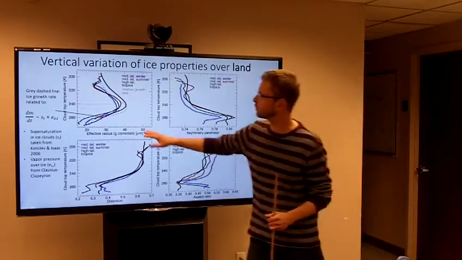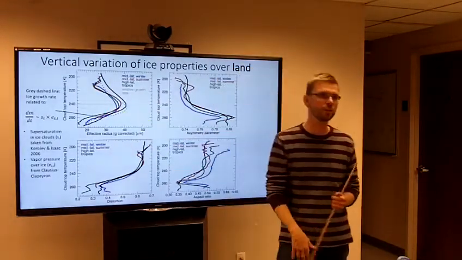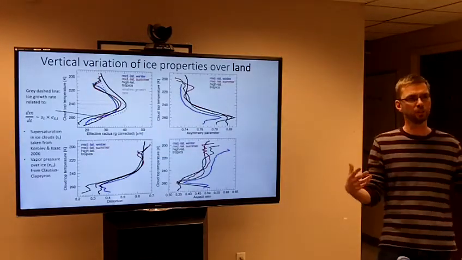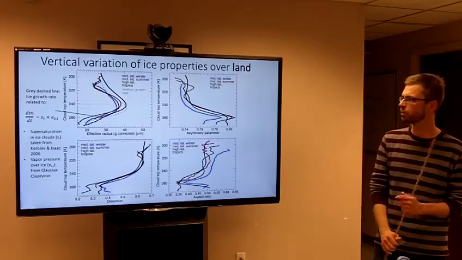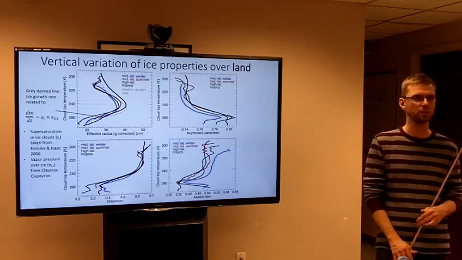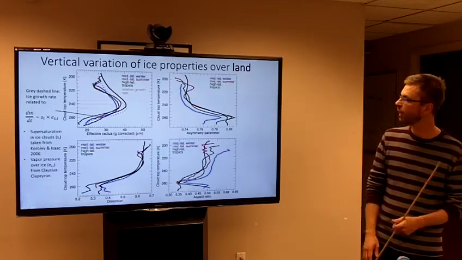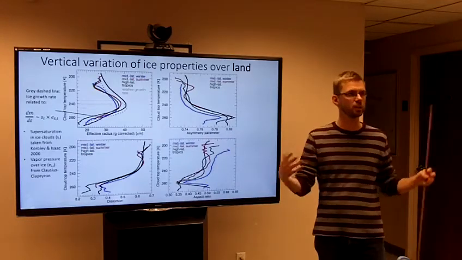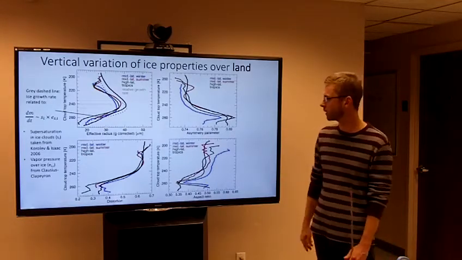So I think we can explain this variation in size just by the simple picture of supersaturation and saturation pressure, which is maybe remarkable because there are all these other secondary effects that are going on.